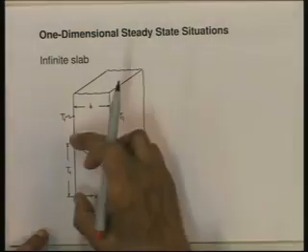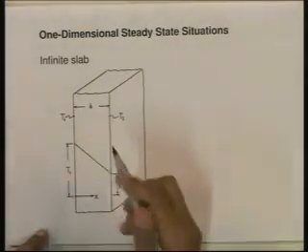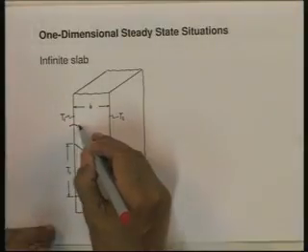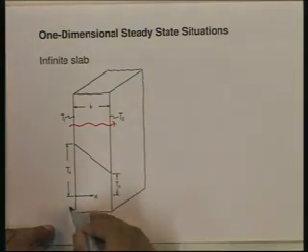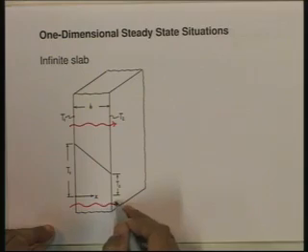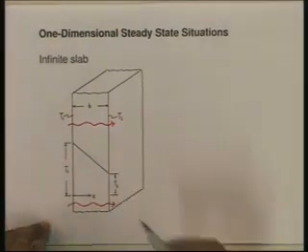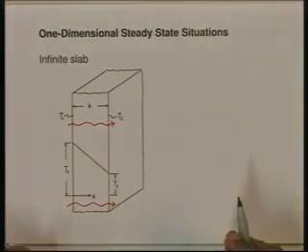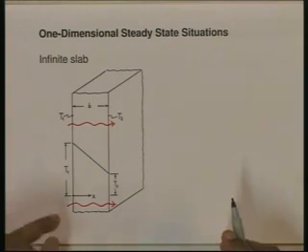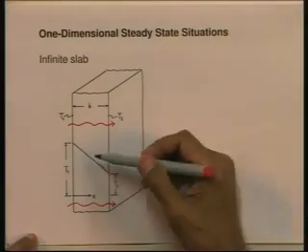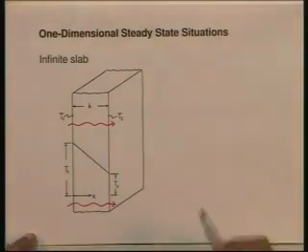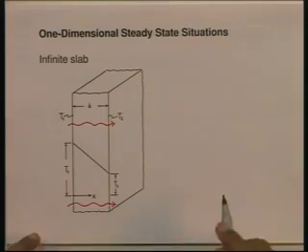So, if I assume T1 to be greater than T2, the heat is going to flow from left to right across the slab, like this. I would like to derive an expression for the rate at which heat flows across this slab, and an expression for the temperature distribution in this slab. That is what I am trying to do.